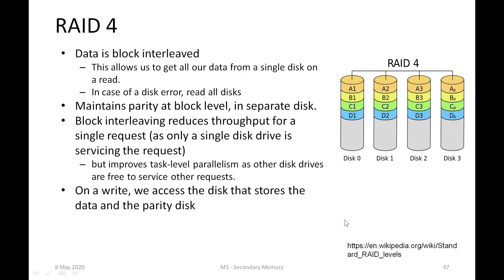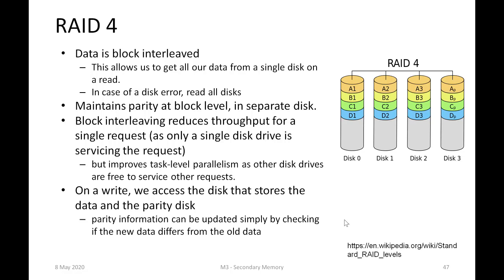It would mean that if we have back-to-back writes, all of them would need to access this last disk, and they can only be processed in sequence, in a serial fashion. So upon a write, the parity information is calculated and it will be updated only if there is some difference, otherwise the original parity is continued.